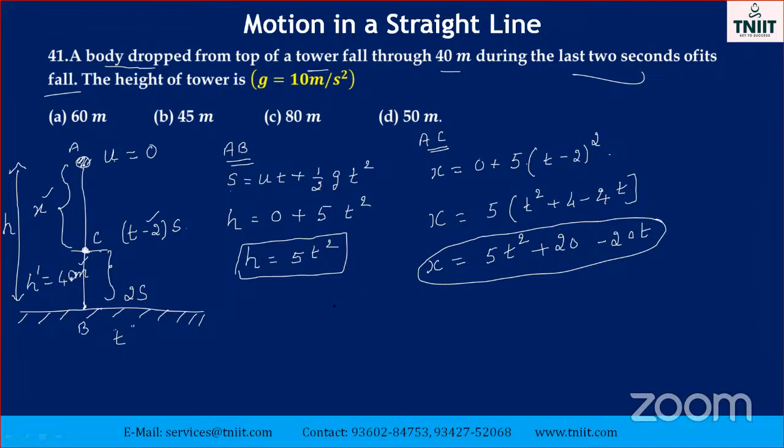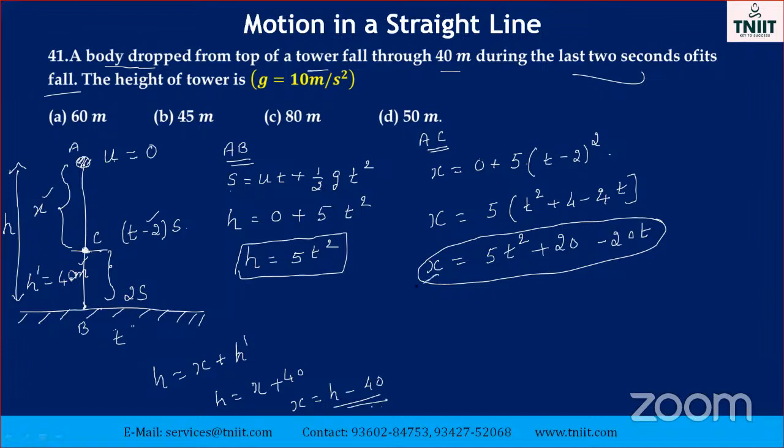Now, can you write the equation for x value here? In the diagram, you can have h is equal to x plus h dash. But what is h dash? H dash is 40 meter, they have given. So x is equal to what? H minus 40.